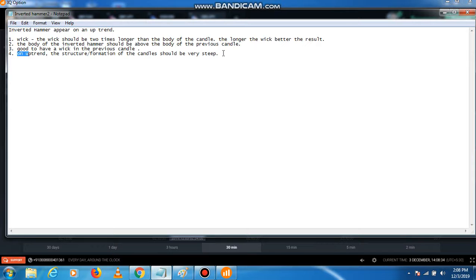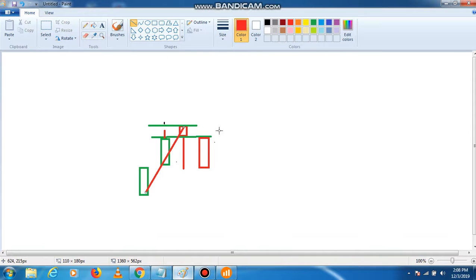I will explain what I mean by this point, so I'll draw on this. Let's say, for example, this is a hammer. It appeared on an uptrend like this: one green candle, another green candle, and you see a hammer like this that just occurred.